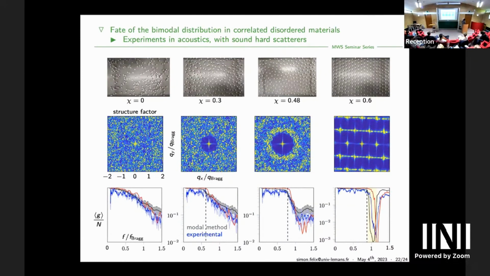But what we see anyway is that we are able, experimentally and numerically, to catch this effect of increasing order, and in particular the appearance of Bragg scattering with, for example, this gap here, which progressively appears when we increase the order.